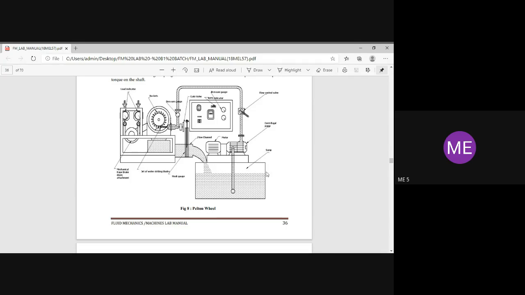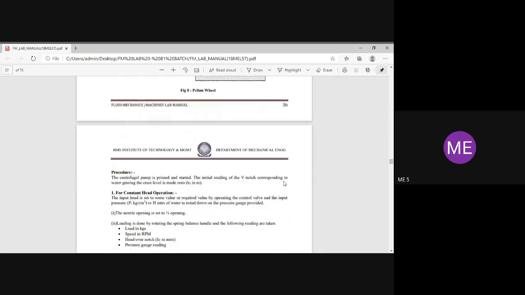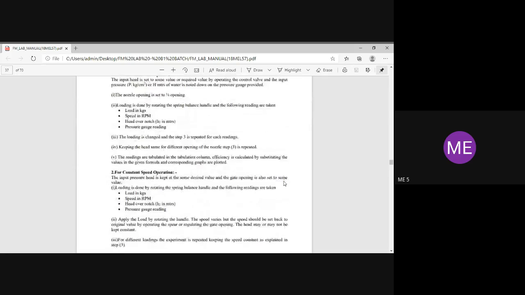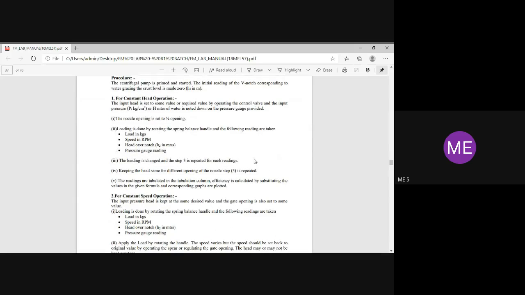The aim of the experiment is to conduct an experiment on the Pelton wheel and find out the performance parameters. Here you are going to find out the efficiencies. There are two sets of operation: one is constant head and the second is constant speed operation.